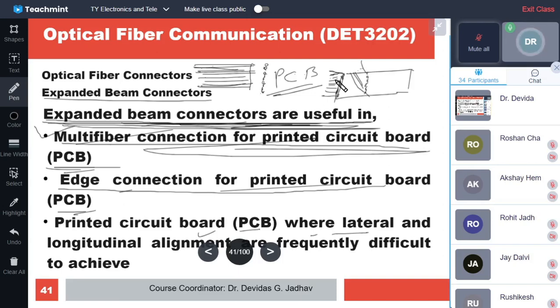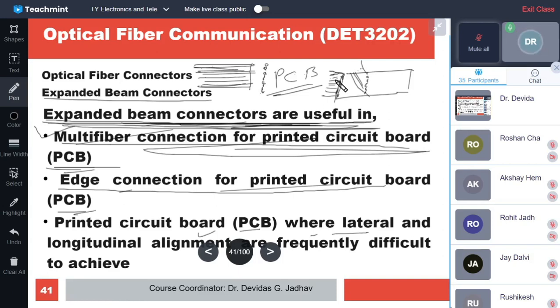Always the PCB is removed, maybe for a PCB fault, and a new PCB is introduced, and so on. Each time, the lateral and longitudinal misalignment is very difficult to maintain.